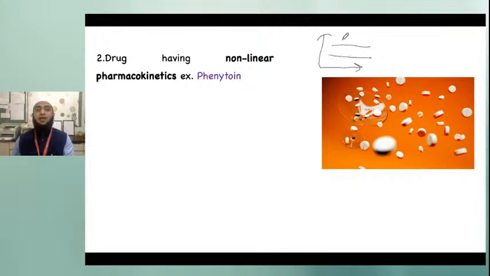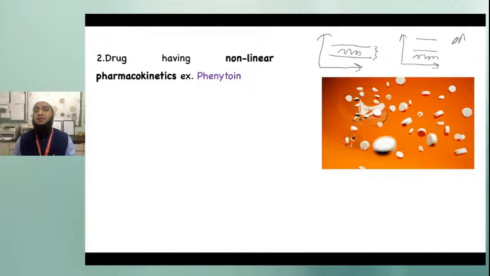It is observed that in some patients, due to the non-linear pharmacokinetics, the phenytoin concentration doesn't remain within this therapeutic range. Sometimes in some patients, at a therapeutic dose, the concentration goes beyond the therapeutic range, and phenytoin isn't able to control the seizure. Those patients, in spite of taking phenytoin, will suffer from uncontrolled seizures.